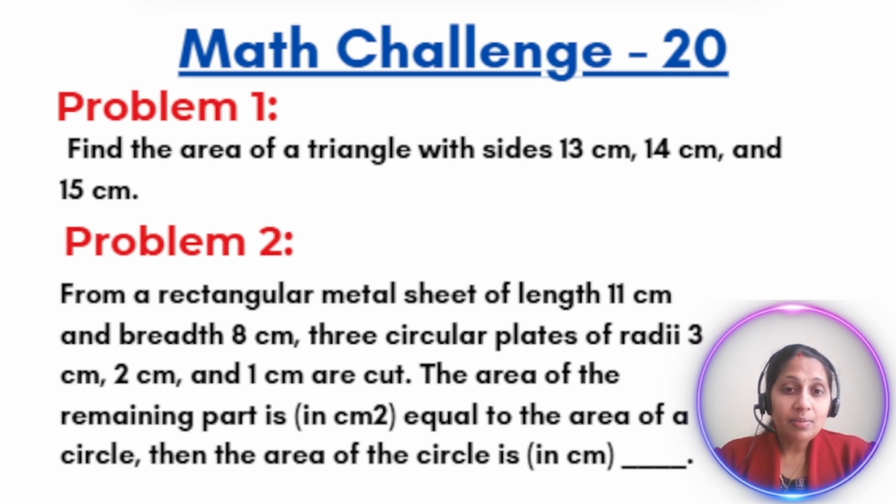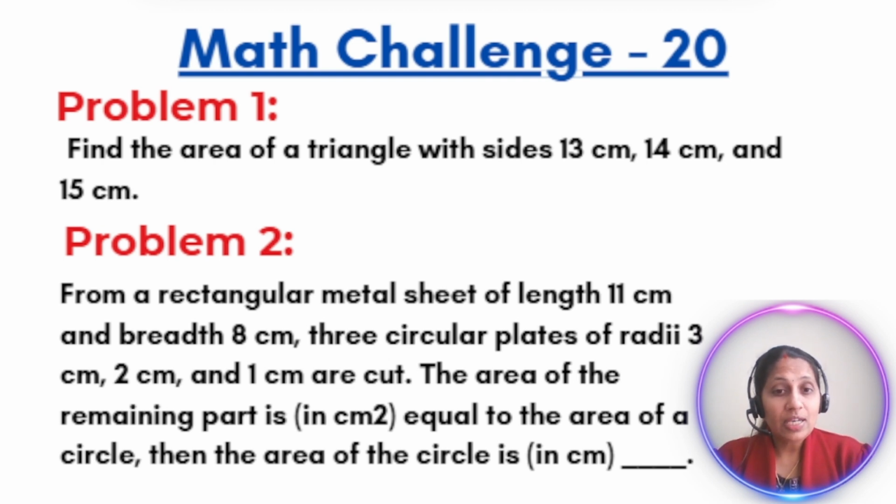From a rectangular metal sheet of length 11 centimeter and breadth 8 centimeter, three circular plates of radius 3 centimeter, 2 centimeter, 1 centimeter are cut out. Find the area of the remaining part.